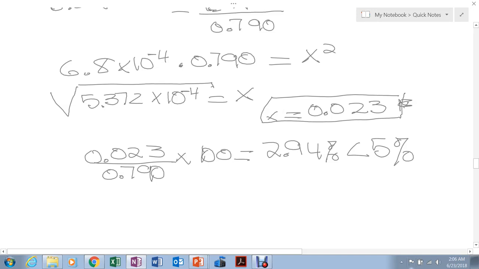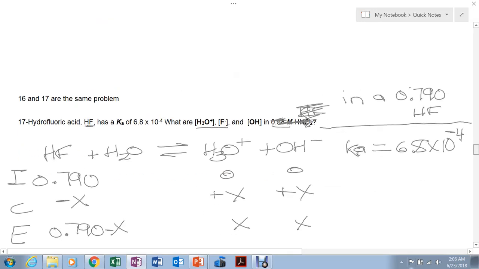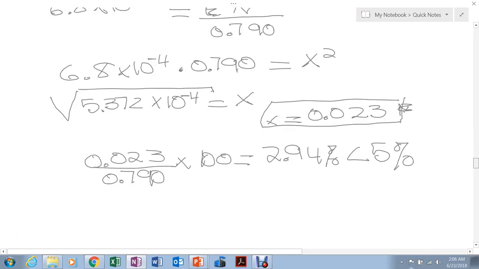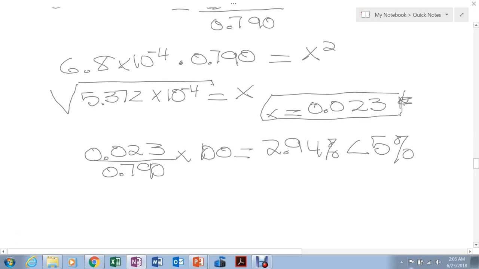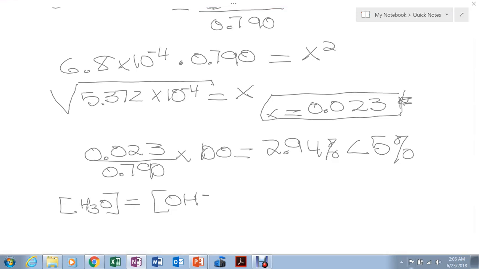So knowing that, that was the value of H3O, and the problem is asking for that. The H3O concentration equals the fluoride.